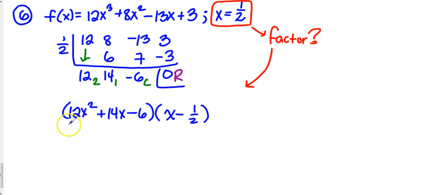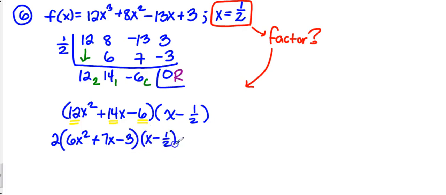Let's see. 12x squared plus 14x minus 6. Before I do anything else, if I see 12, 14, and 6, I know that I can factor out a 2 from that. So factoring out a 2 results in 6x squared plus 7x minus 3. We are going to take this 2 and send it in to that factor.